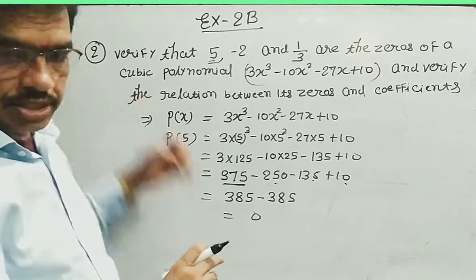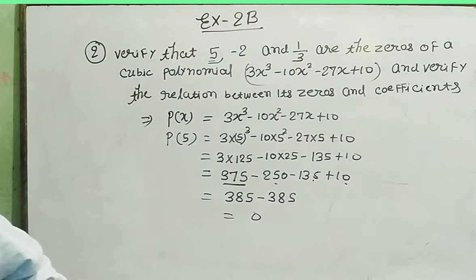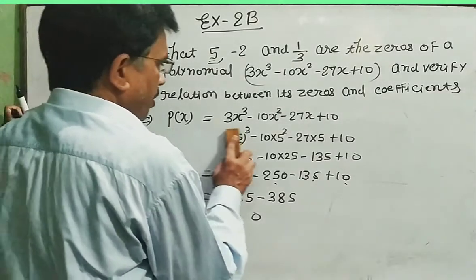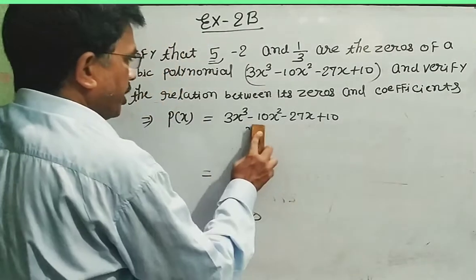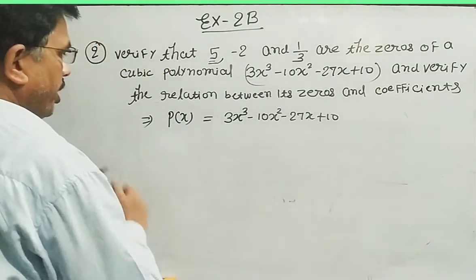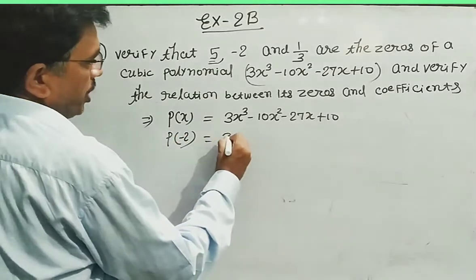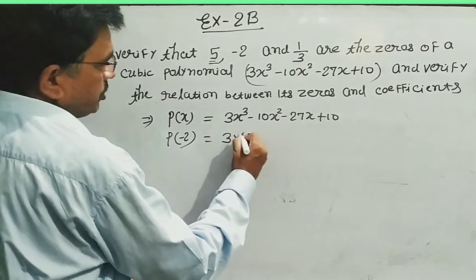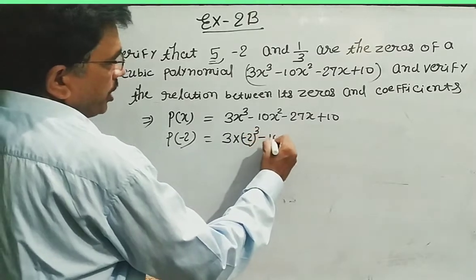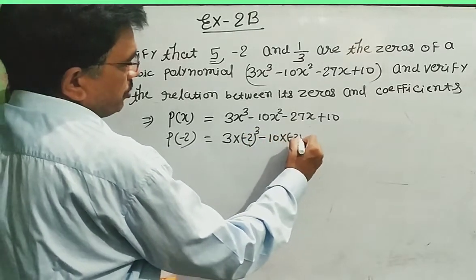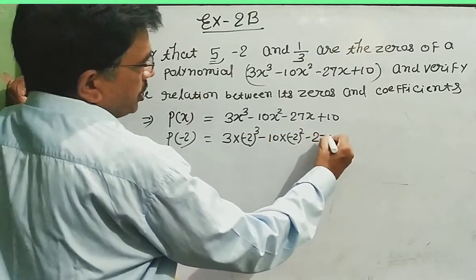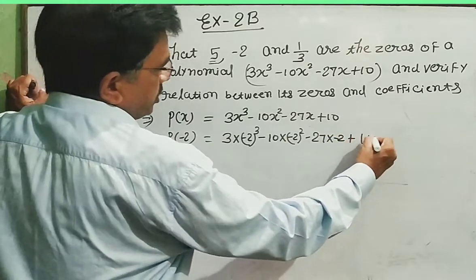Similarly, the next one is p(minus 2). You write 3 into minus 2 cube minus 10 into minus 2 square minus 27 into minus 2 plus 10.